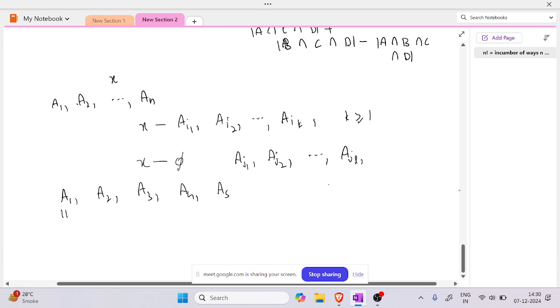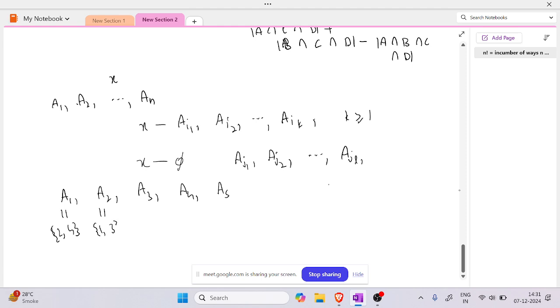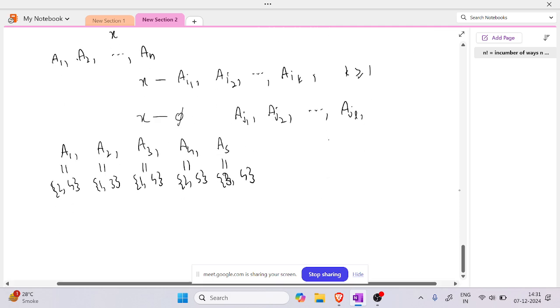So this is, let's say, 2, 4. This is, let's say, 1, 3. This is, let's say, 1, 4, 2, 5. Let's say 4. Let's say this is 3, 4. Okay, so basically all of these are two element sets, and let's consider x equals 3.